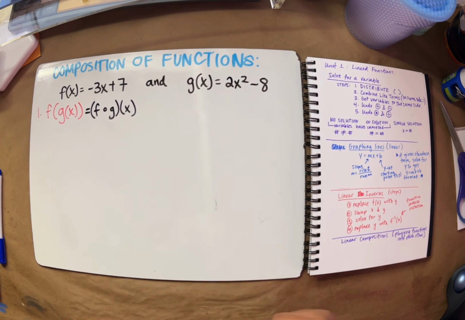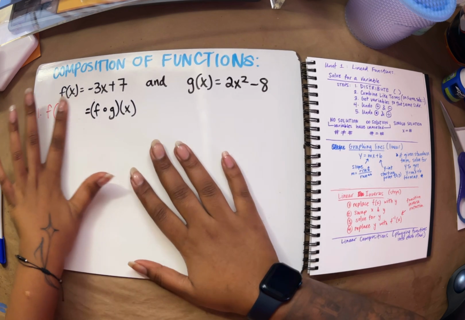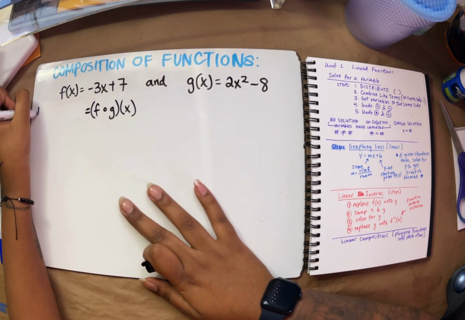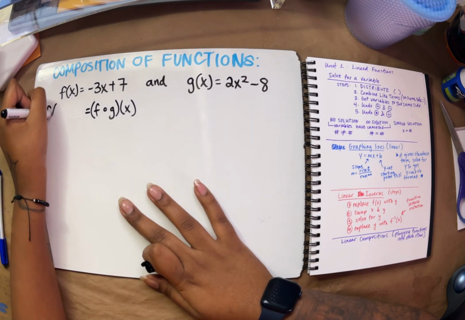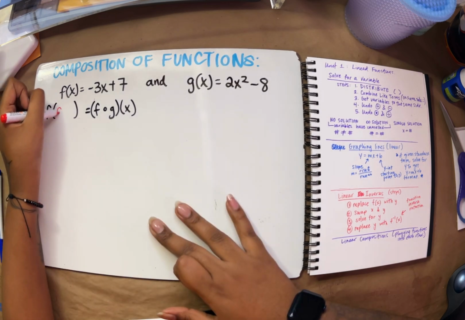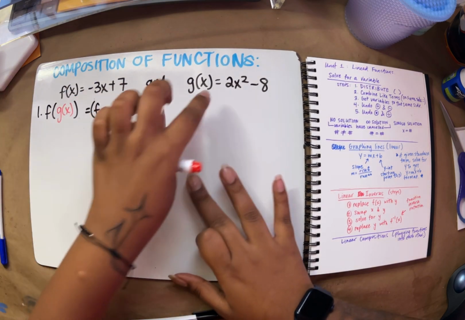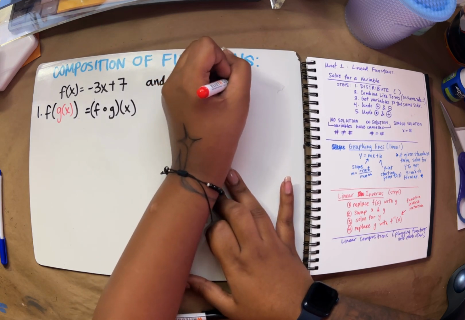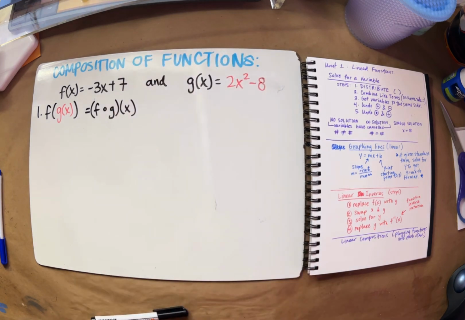Let me use different colors. I think that would be better. I made this red, but I'm going to go ahead and change that. So this is number one, f of, and then I'm going to put g of x in red. And I'm going to change this to red, so you know when I'm plugging it in.